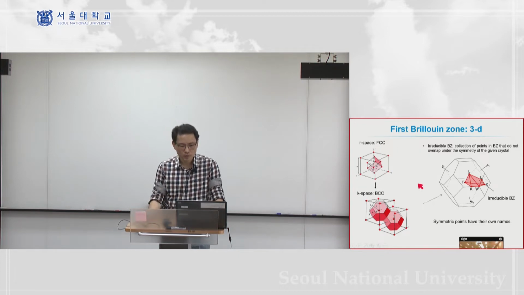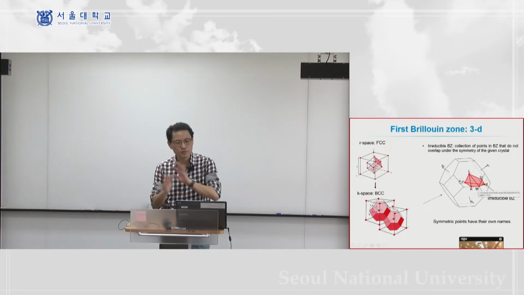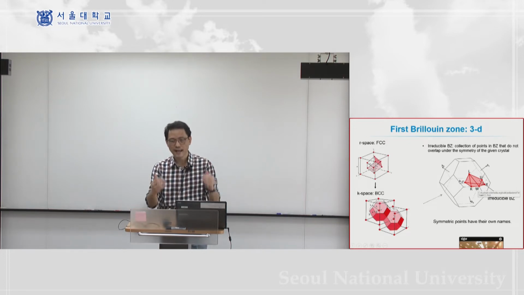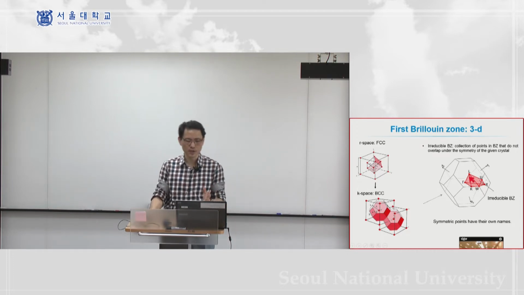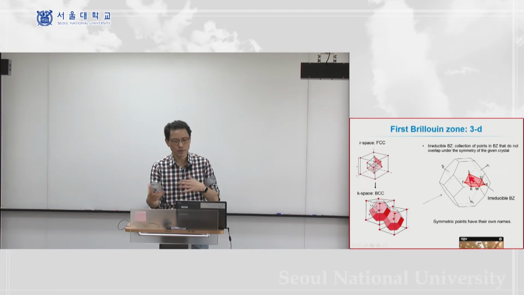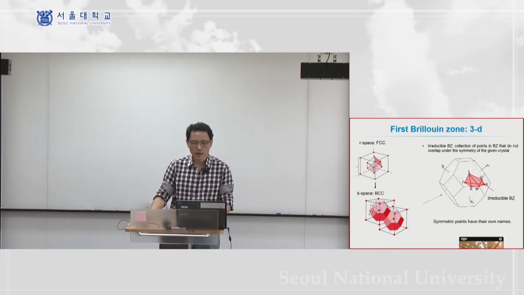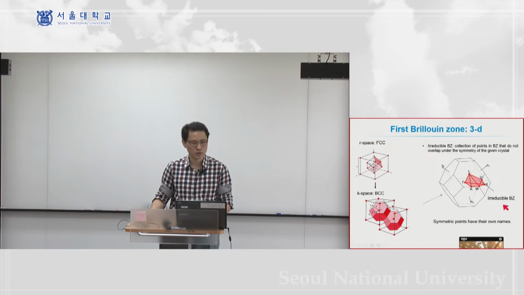This point at the center of this square is equivalent to the other points at the center of the square. So you can remove all the points that are symmetrically equivalent, and the remaining part of the first Brillouin zone, which does not correspond to any other points under the symmetry operations of the crystal, is called the irreducible Brillouin zone.